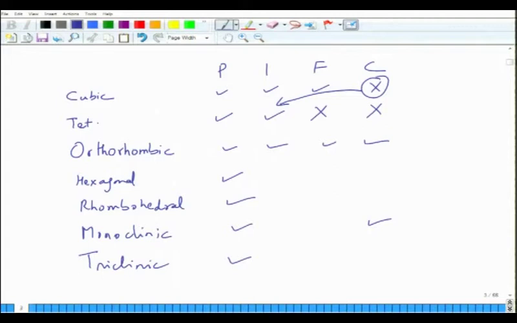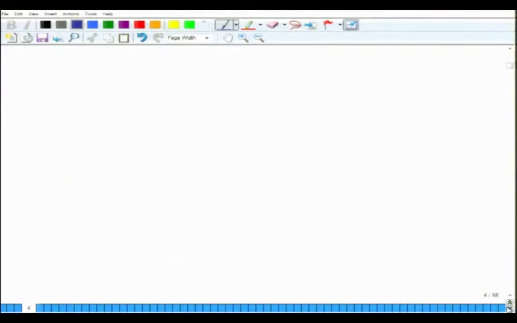Similarly, now the question arises is why is it that you don't have a face centered tetragonal? So we will not go into all of them, but I will give you some examples as to why some of them are not present. So let us say a face centered tetragonal here. So let me just draw a unit cell here, tetragonal unit cell. So we will draw 2 unit cells.